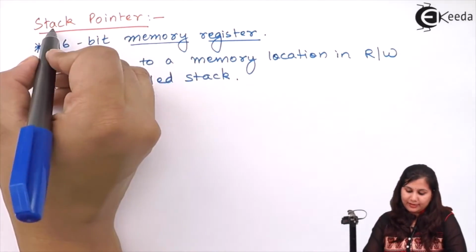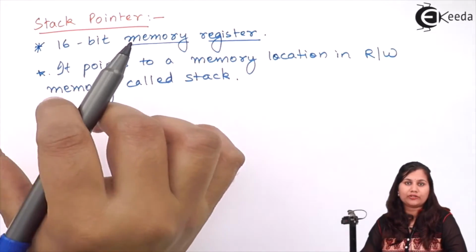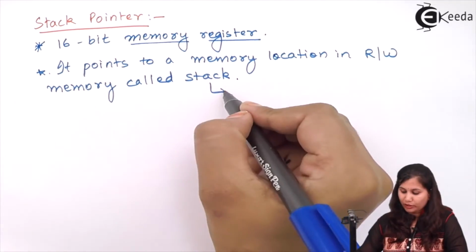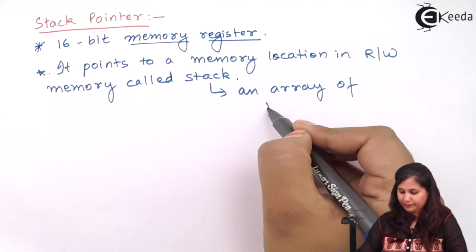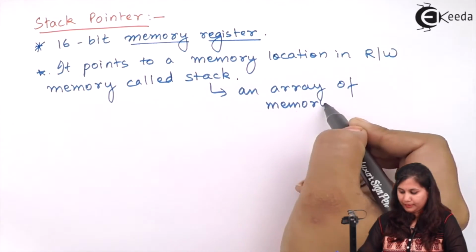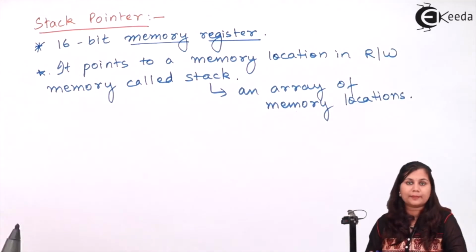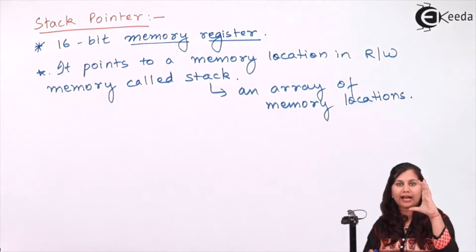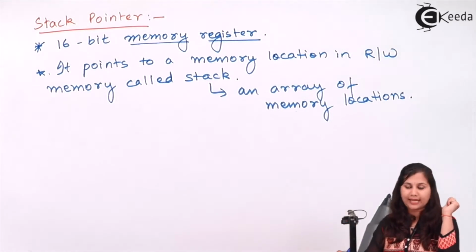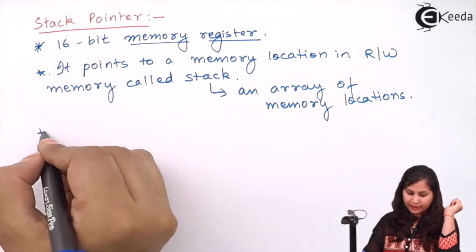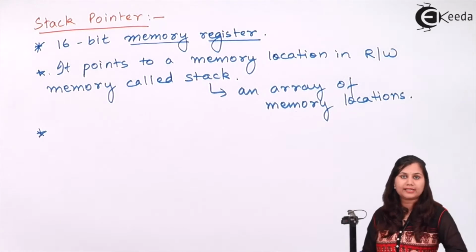As the name suggests, it is a stack pointer, so it is going to point to a memory location in the stack. Stack is what? It is an array of memory locations. Suppose there are 10 memory locations, so that array of 10 memory locations will be called a stack. And this stack pointer is used to hold the address of the beginning of the stack, from where the stack is beginning.